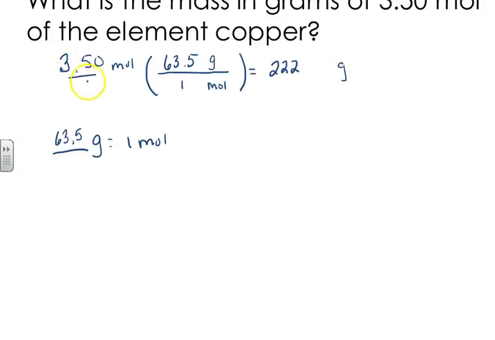Go back to the given for sig figs, 222 grams of copper. And that would be the final answer. Now, one thing I did not do, I did not cancel moles, and I should have. So just 3.5 times 63.5 equals 222.